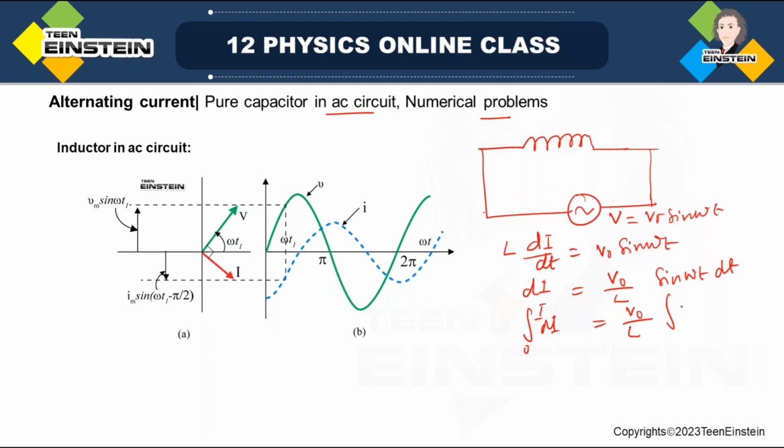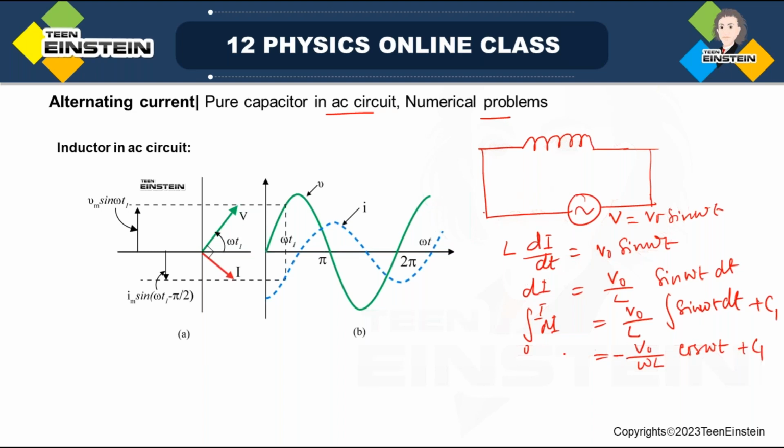So on the right hand side sin omega t dt, with the integration constant, and as you know this will bring you V0 by omega L cos of omega t. When we get cos of omega t out of integration, then one minus sign comes.